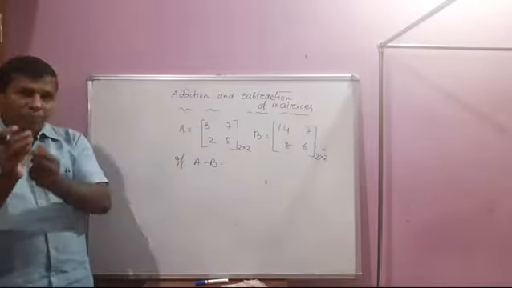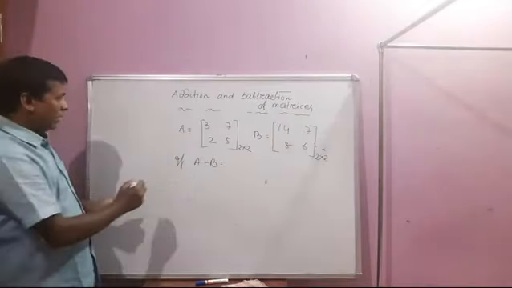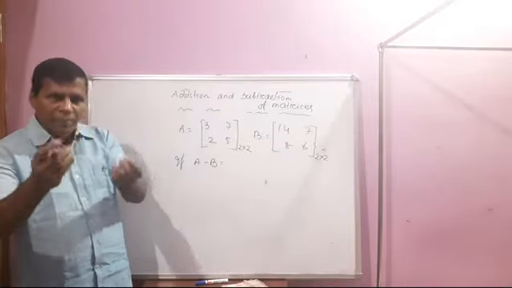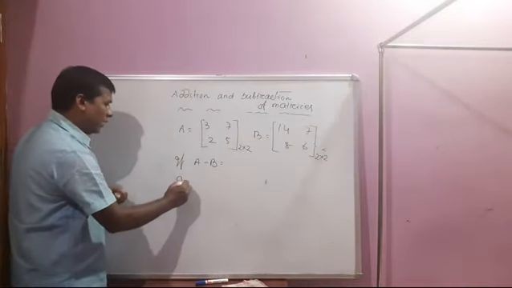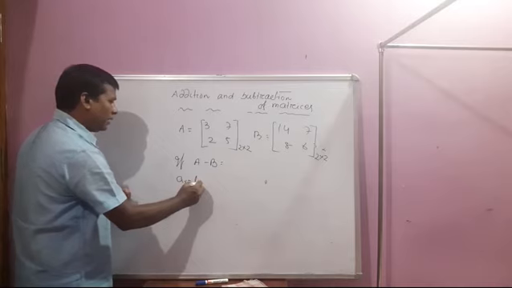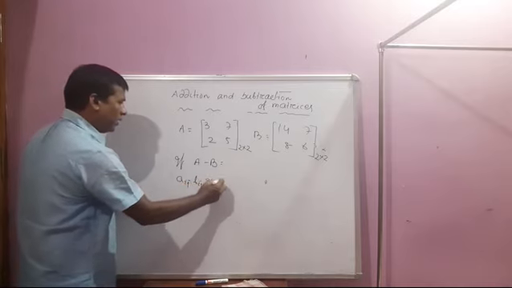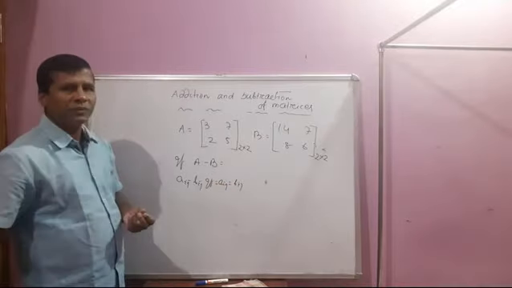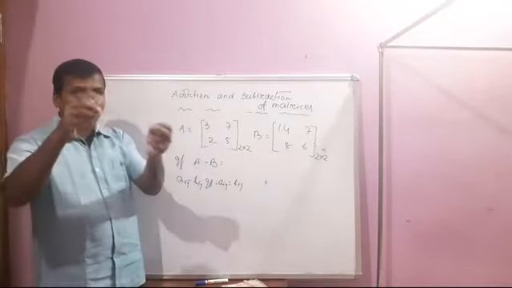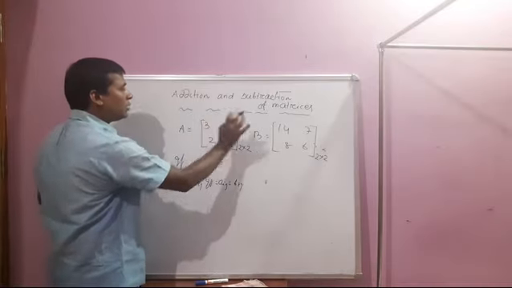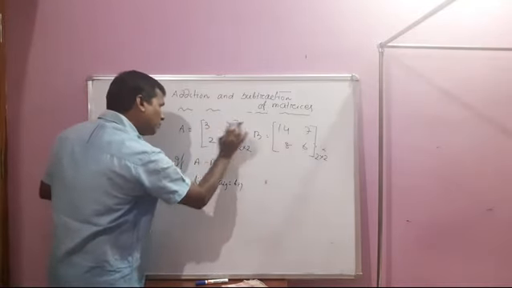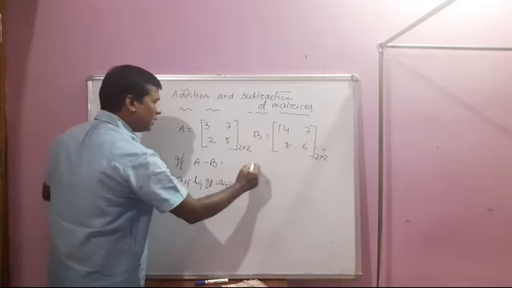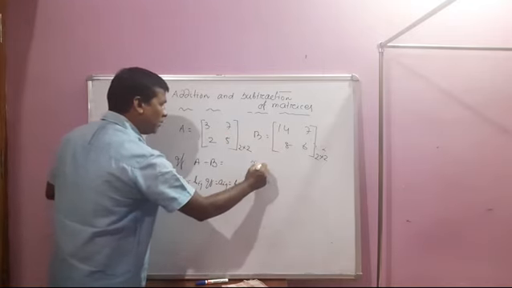According to our definition, if the two matrices are of the same order, A minus B is equal to Aij minus Bij. So A11 minus B11, because it is A minus B. That is equal to 3 minus 14.